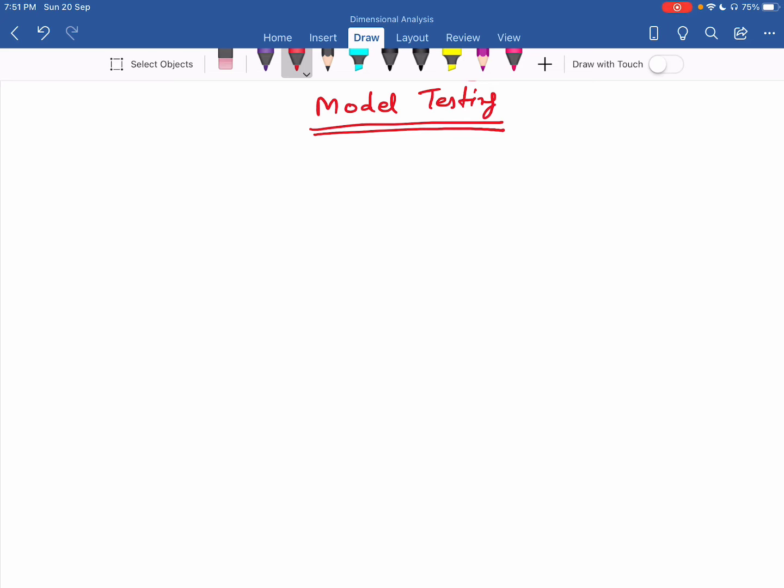The actual size structure or machine that we call the prototype, whereas its replica we call the model.